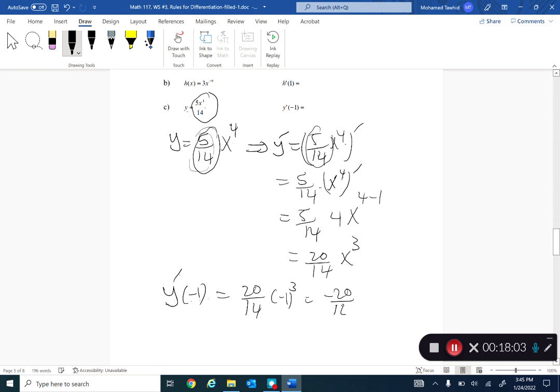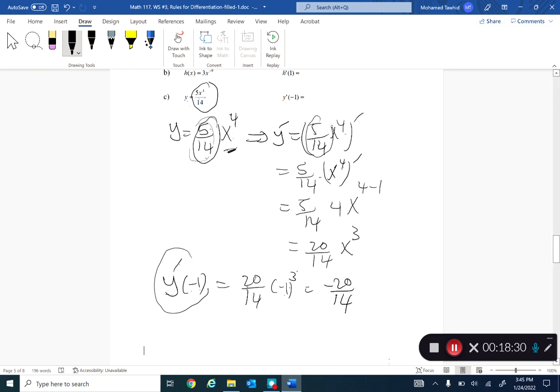You have -20 over 14, because -1 cubed is -1 multiplied by this. And that also gives you the slope of the tangent line for y. But what I really care about is that 5 over 14 multiplied is like a constant. If you can separate the constant from your variable, then it will be easy to handle.